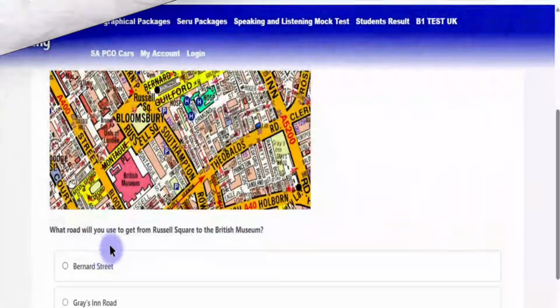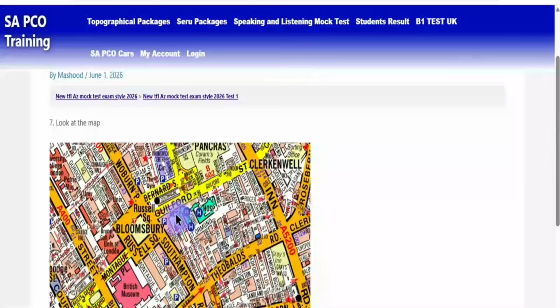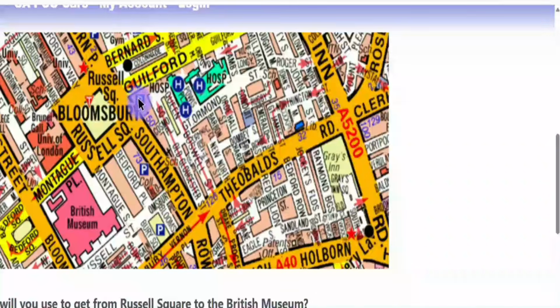What road will you use to get from Russell Square to the British Museum? You have to read the question very carefully. Russell Square. We'll find the British Museum if you can find it quickly. You can see P parking.